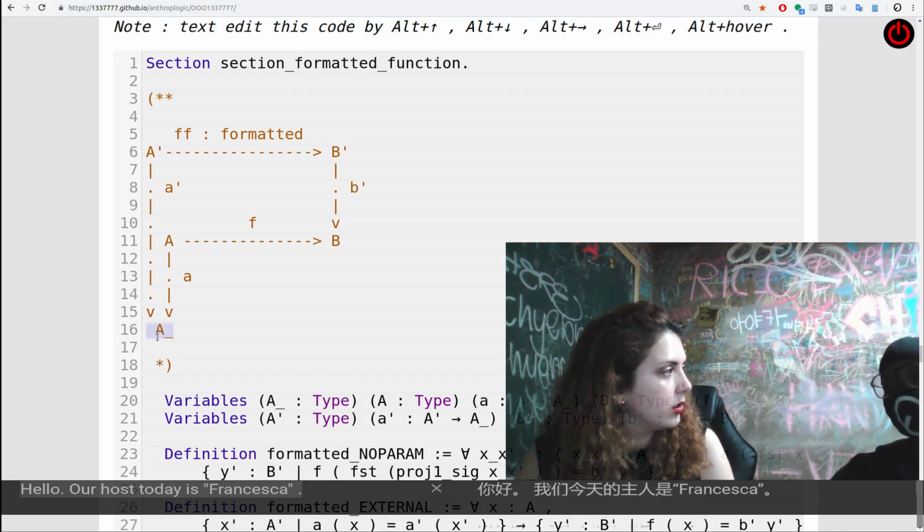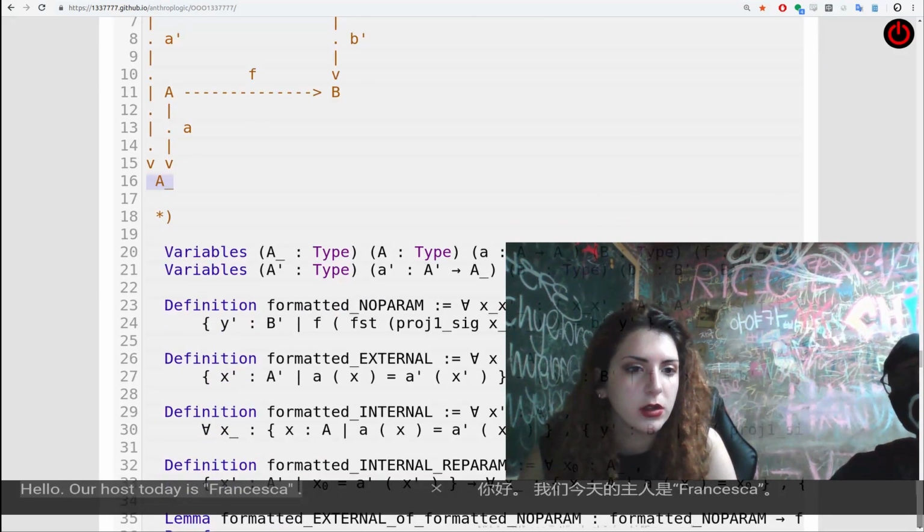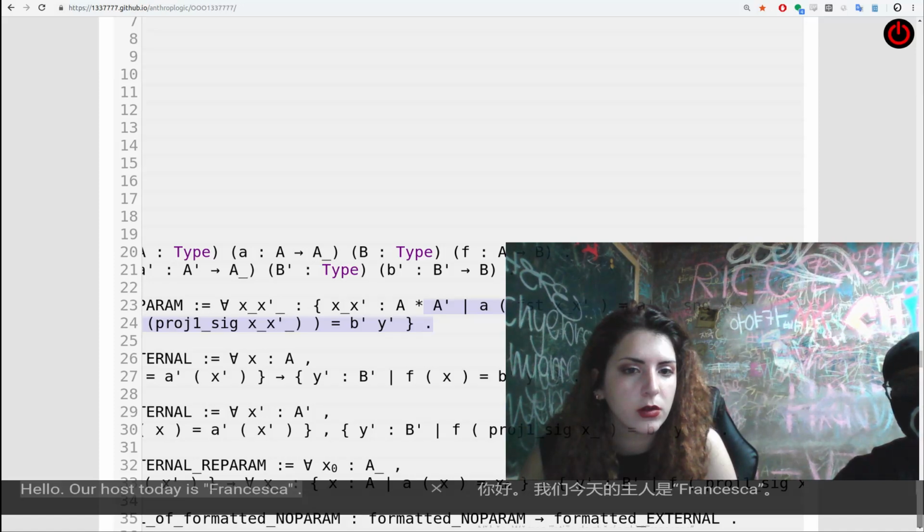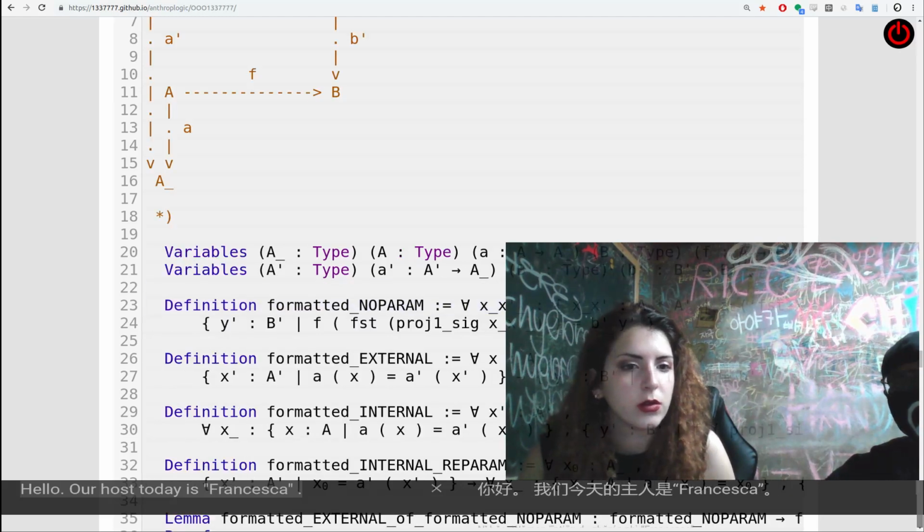Maybe English is not powerful enough to say this. If you say this at the same time, you have here A and A prime, and the fact that they are related.